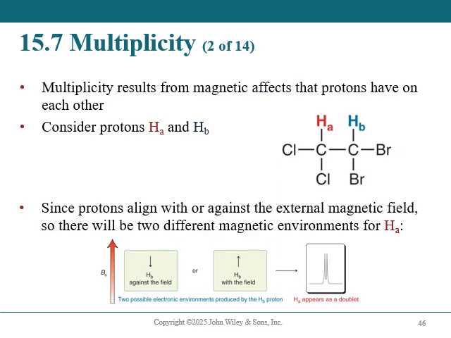So how does multiplicity happen? Multiplicity happens when you have a magnetic field and you have protons next to each other. Let's say in this case you have proton A, you have proton B. Proton A can align itself in favor of the magnetic field, and proton B can do the same, right?